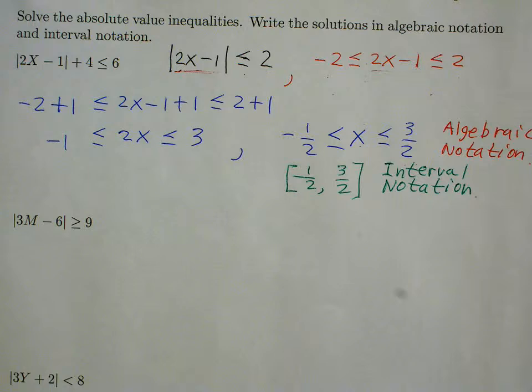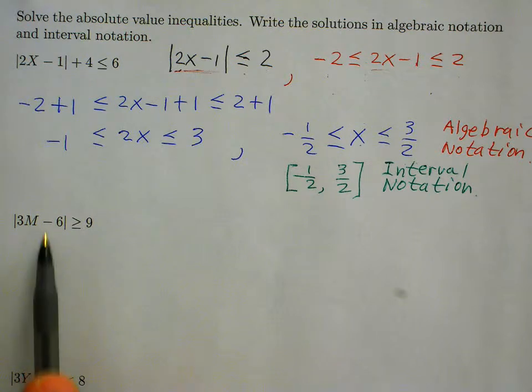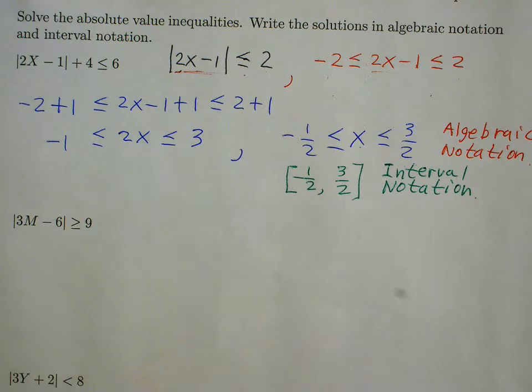Yeah, to the right of 9 or 9, and to the left of negative 9. So these numbers cannot get very close to 0, right? If the distance those numbers are from 0 is greater than or equal to 9, they have to stay a minimum distance from 0.